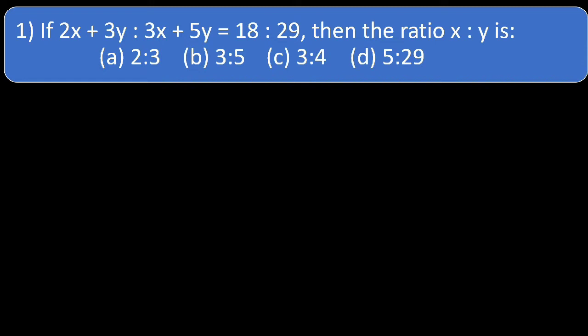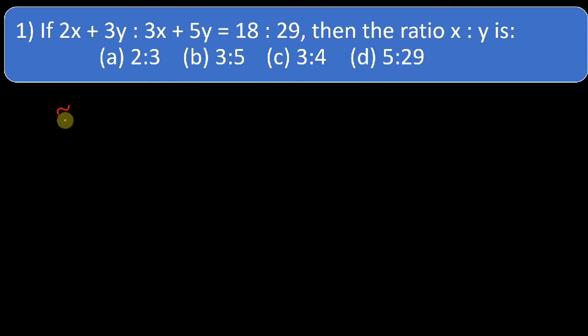As you can see, the sum that is given on the screen is this one. Suppose 2x plus 3y is to 3x plus 5y equals 18 is to 29, then the ratio x is to y we have to find.